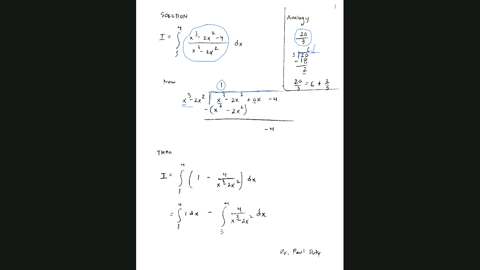I'm going to take 1 times x cubed minus 2x squared and subtract that from my numerator polynomial. And you're going to get cancellations. The x cubes cancel, and the 2x squareds cancel. We get a remainder of negative 4.